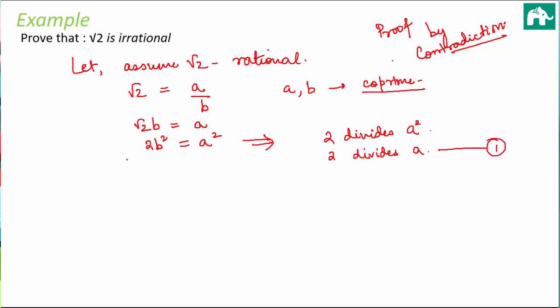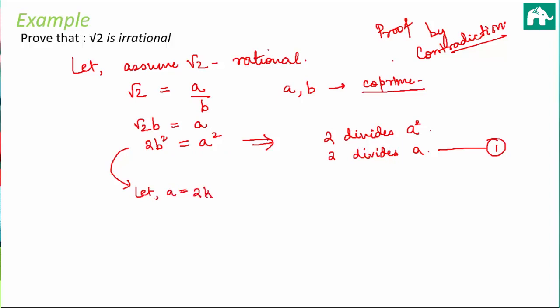Now, let us move a little ahead. What we understood is that a is divisible by 2. If we are also able to prove that 2 divides b, that means they have another common factor except 1. So that is what we will try to do now. From here we see that 2b square is equal to a square. Let us write a as 2k.